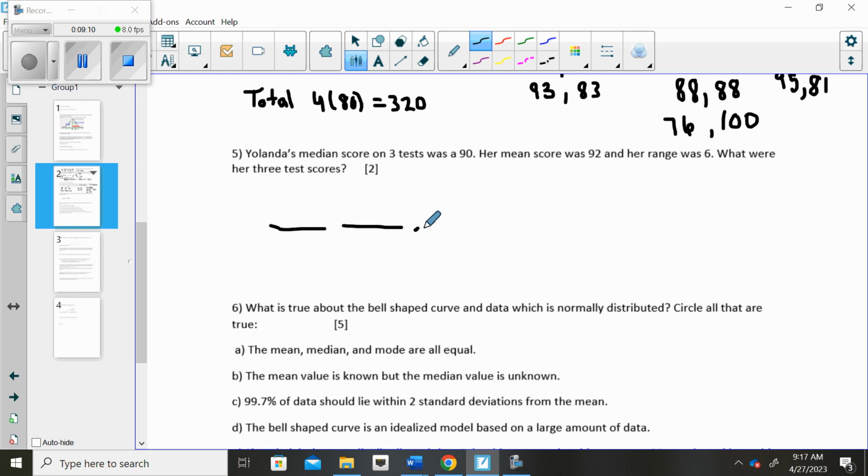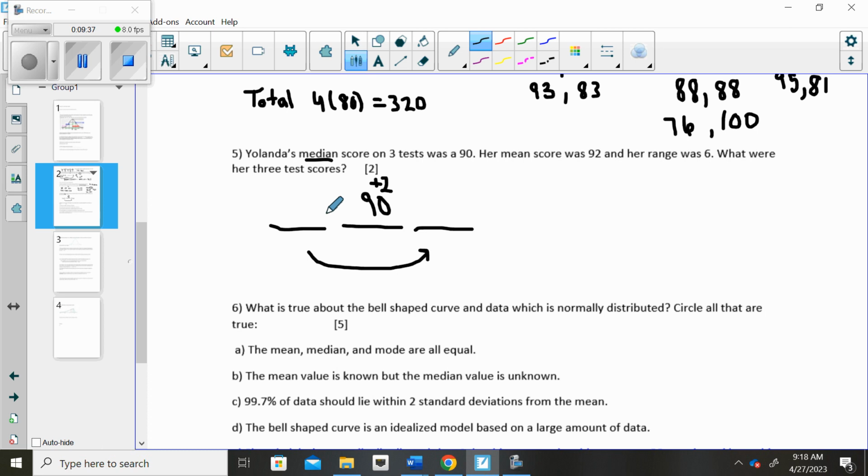Okay, and so her middle score is 90. We need to have an average of 92, which means this test has got to be given 2 more points. All right, and we also know then the difference between these 2 has to be 6.